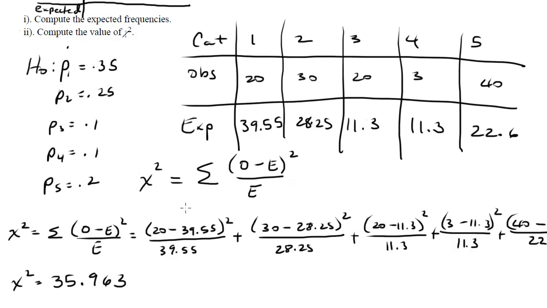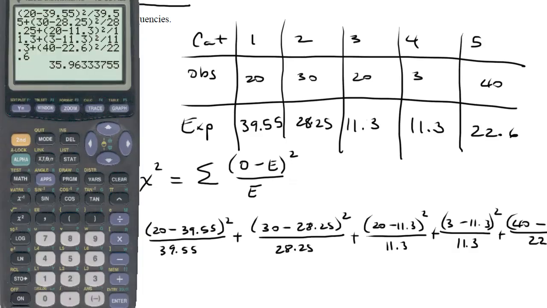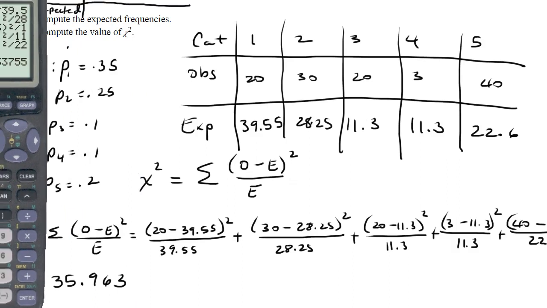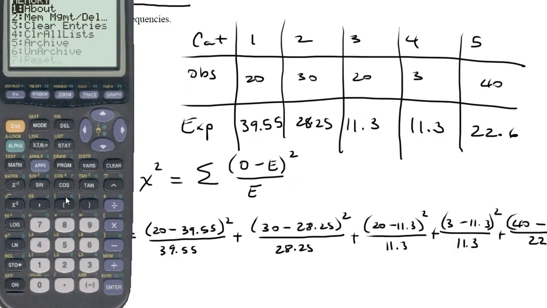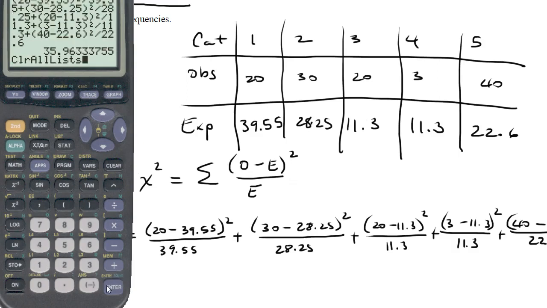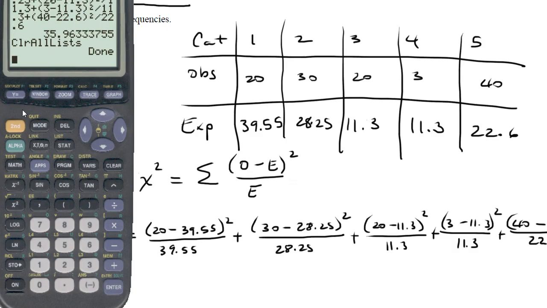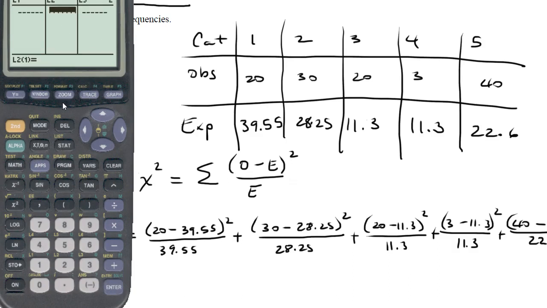I can also do this with the calculator. It's a little different, a little stranger than the other processes we have, but we can get 35.963. Let's try it. I'm going to clear my lists: second memory, clear all lists. Stat, edit.